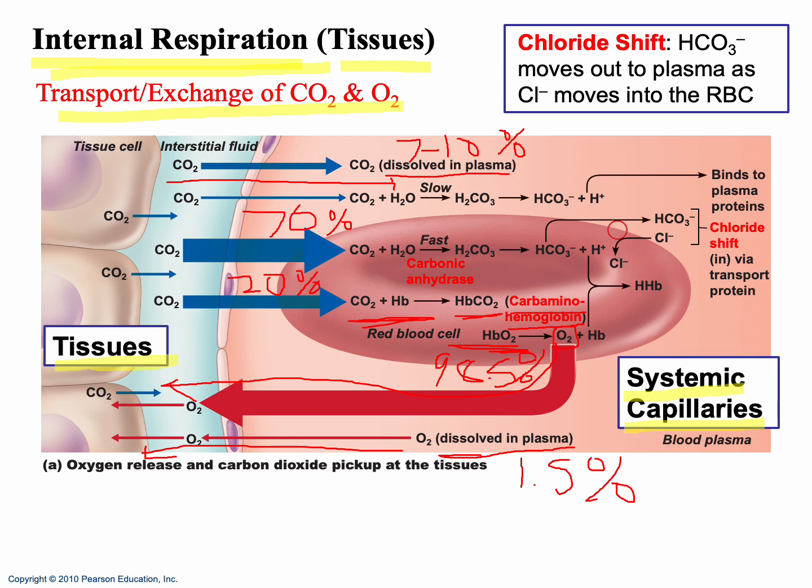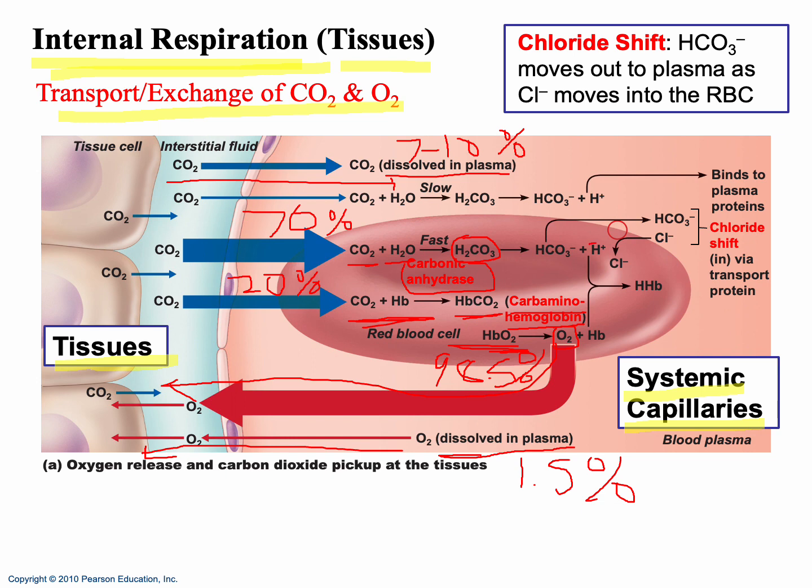And then finally, 70% of carbon dioxide gas, the preferred method, the CO2 will be transformed into bicarbonate, that weak base. So CO2 will combine with water, assisted by the enzyme carbonic anhydrase, to form our weak acid, H2CO3, carbonic acid.